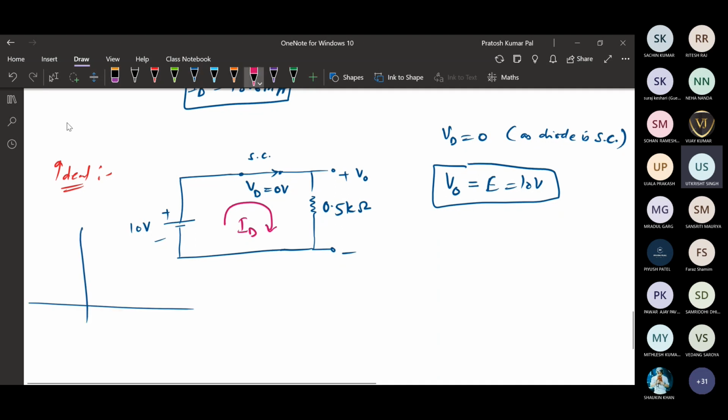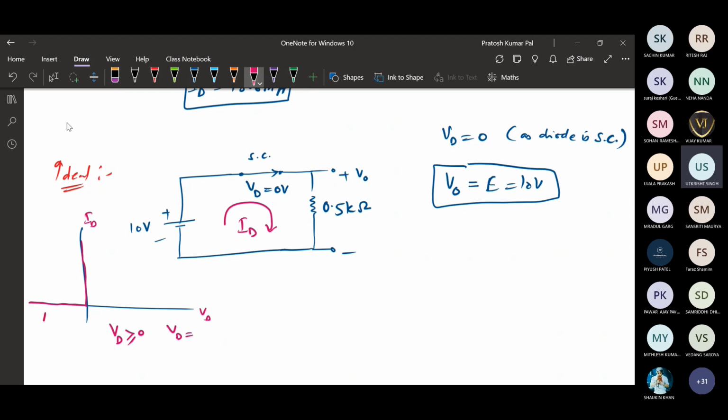In the ideal characteristics we have seen, if this is the diode, once we apply a voltage VD greater than or equal to 0, this is VD versus ID. This is the characteristic, and in the negative direction it will be like this. The current will be 0 for whatever negative voltage we apply.